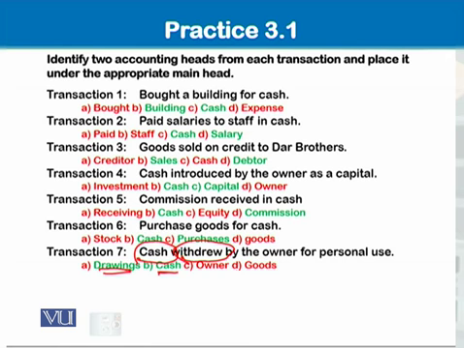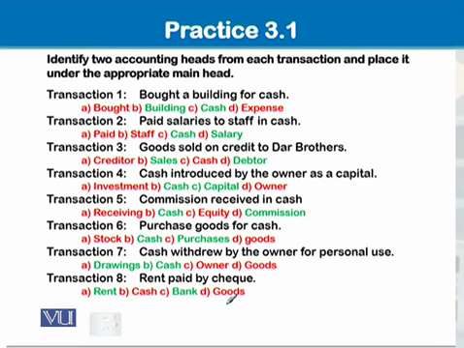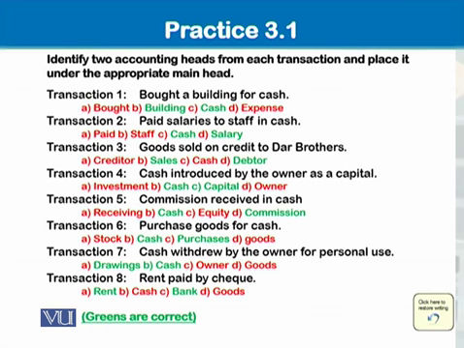Next comes rent paid by check. So over here we are making payment of rent. Rent is an expense, it's an accounting head, and we are making payment by check. Whenever we pay by check, the accounting head is bank. Okay? So all greens are correct.